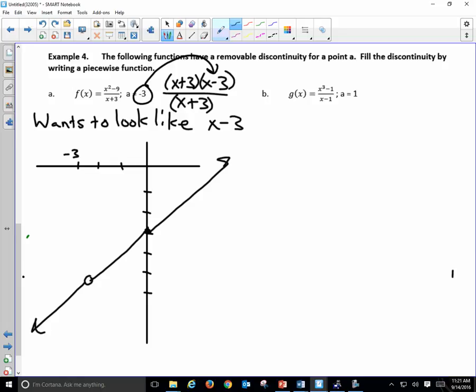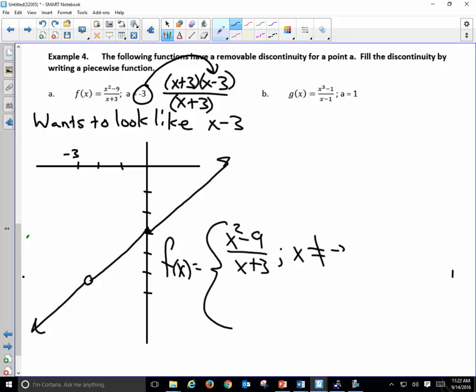So I will write a piecewise function that fills the discontinuity. f of x is equal to x squared minus 9 over x plus 3 for x values not equal to negative 3.